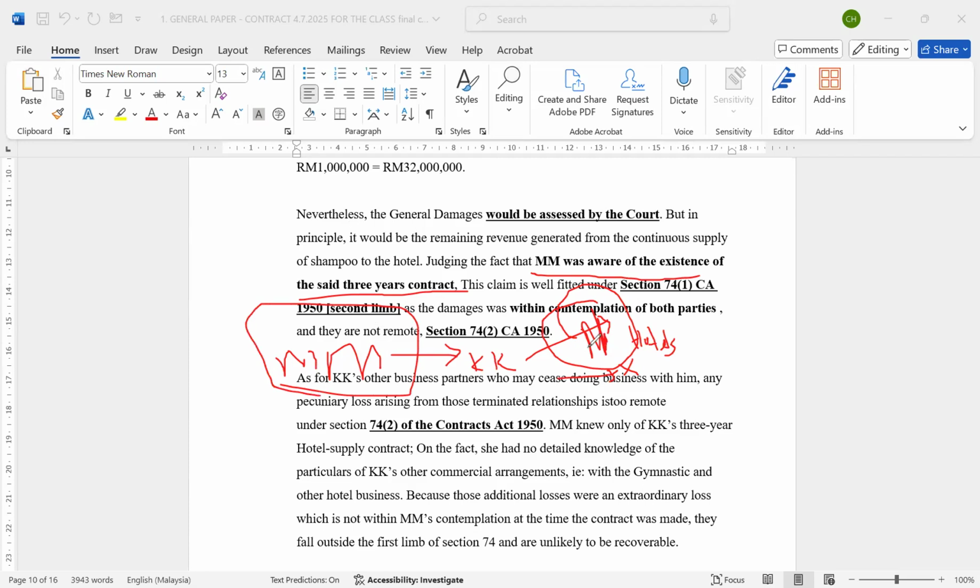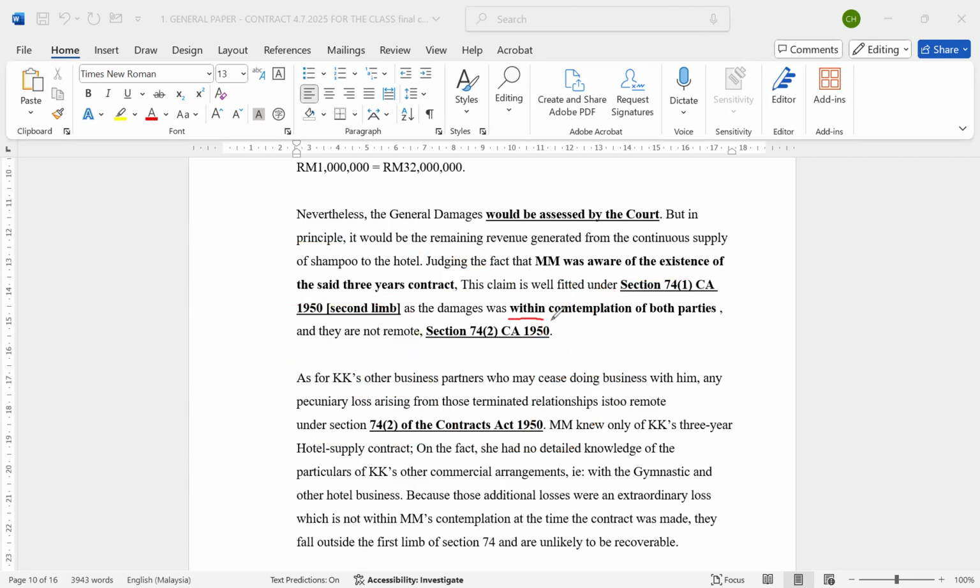MM is not liable, because why should I cover for the loss that you have suffered because your deals with the three hotels were ended? This is how you claim. You must be specific and you must claim with the second limb of Section 74 sub rule 1. And furthermore, these are not remote. Then you are entitled to this 32 million ringgit.